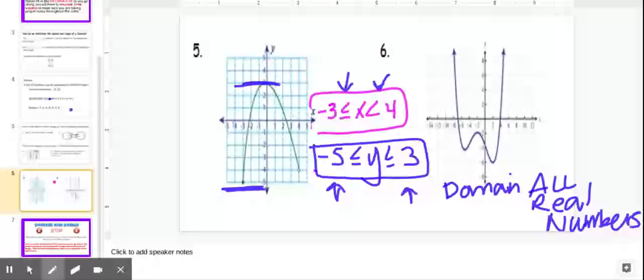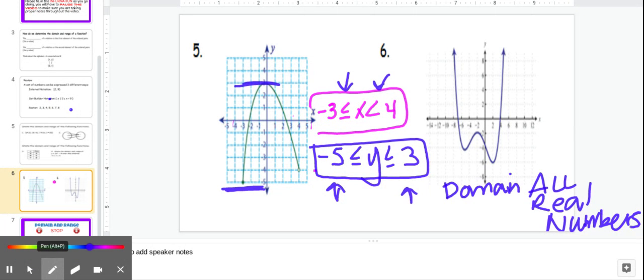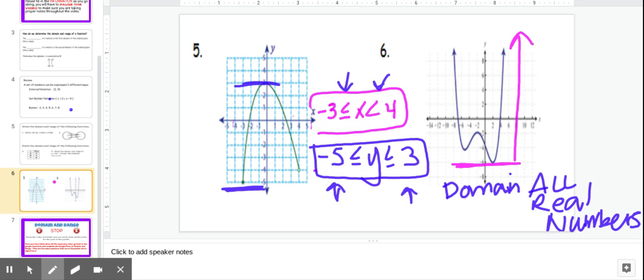Now, for our range, this one we definitely can say it goes all the way down to here, but there's no place to ceiling it. I can't put a top to it because it goes all the way up. So we know -6 is the smallest y, but it goes all the way up to infinity.